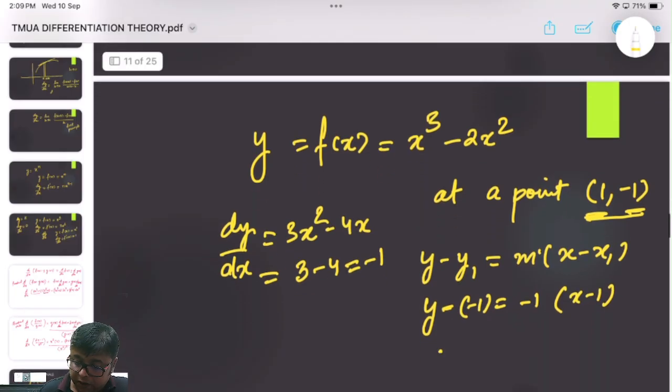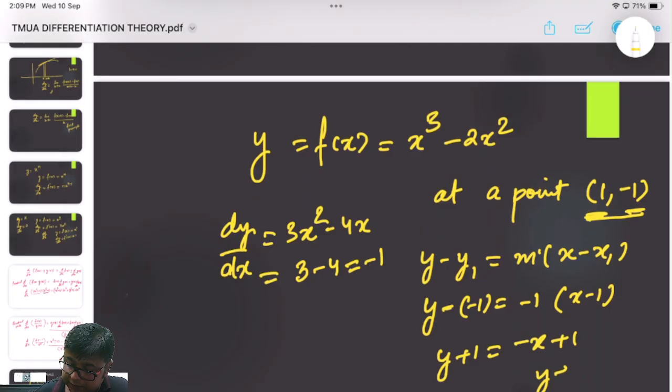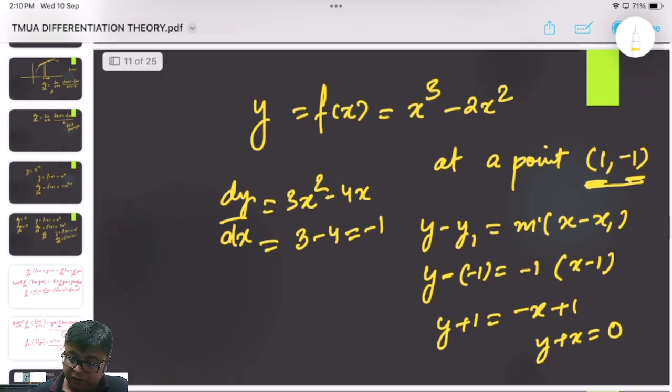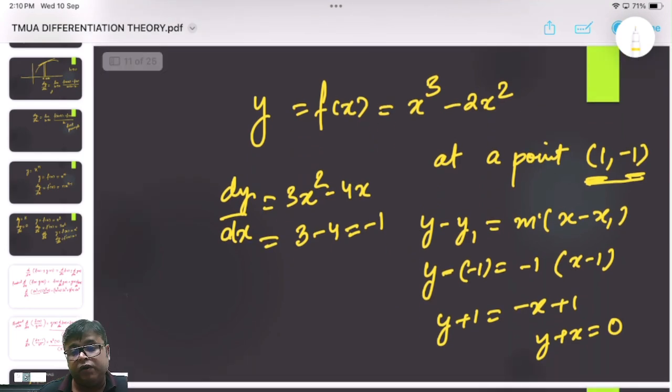So this is y plus 1 is equal to minus x plus 1. So the equation is y plus x is equal to 0. Right, so this is the equation of the tangent at this point.